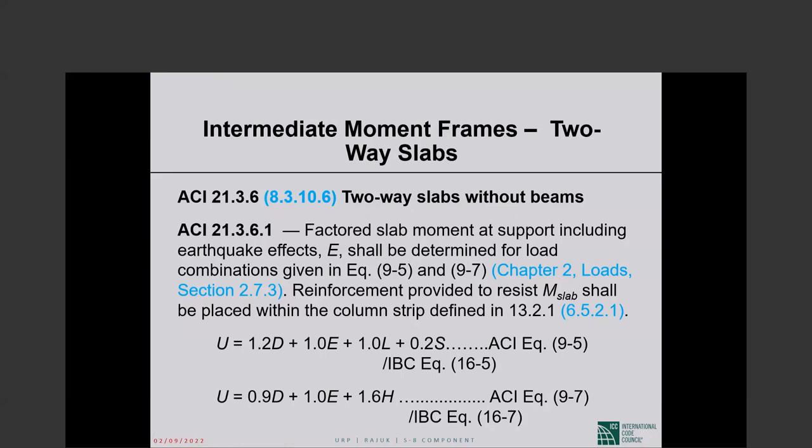However, if you are designing a flat plate column frame to be an intermediate moment frame, the moments caused by the seismic forces, the equivalent static seismic forces, have to be added to the bending moments caused by the gravity loads.